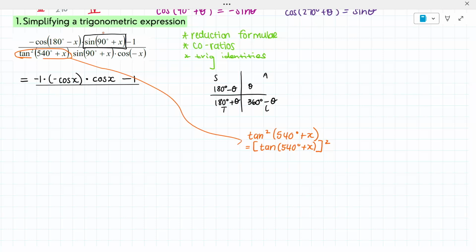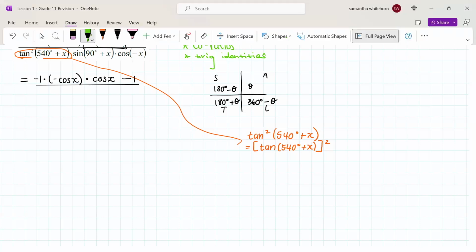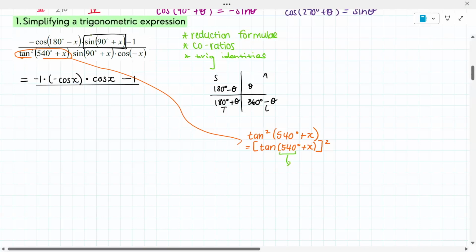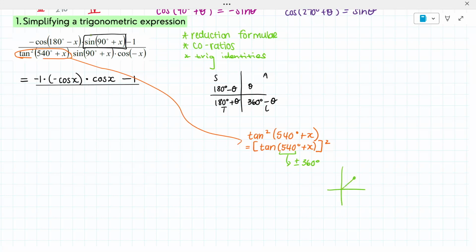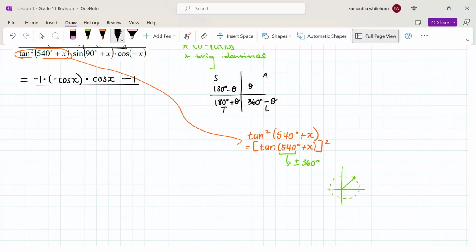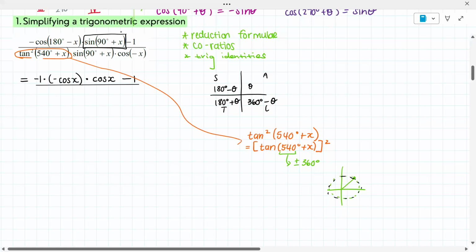Okay, the next thing that you need to remember is the fact that this 540 is more than a revolution. But you can add or subtract 360 degrees as many times as you want to an angle. It doesn't change anything. If you have an angle somewhere in quadrant 1 and you add 360 degrees, you end up in the same point. If you subtract 360 degrees, you also end up in exactly the same point.